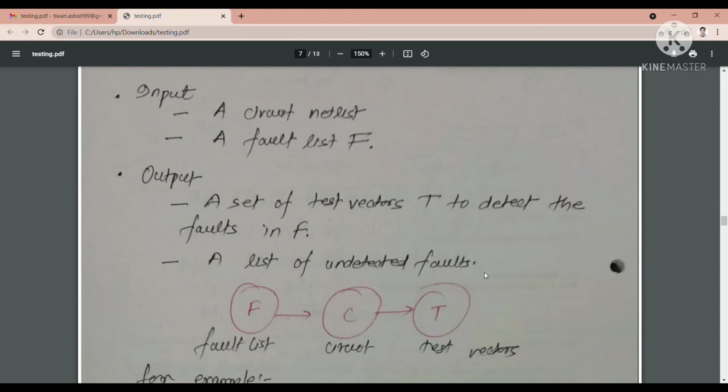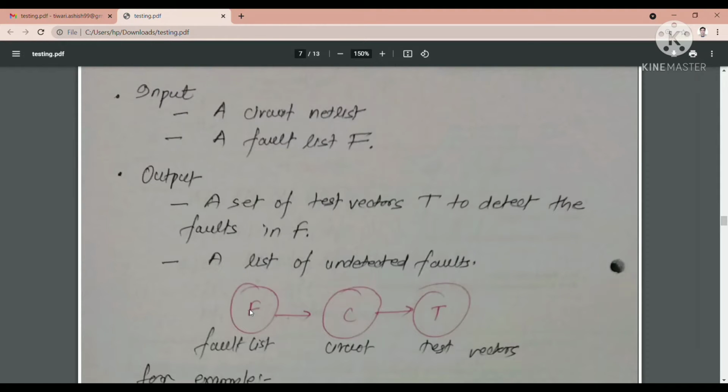We can understand this theory by this diagram. Suppose this is a circuit which we are going to test. So what will be the input? Input will be the fault list. The fault list will sensitize the circuit, and accordingly the test vectors will be generated. So these test vectors are definitely dependent on the fault list.